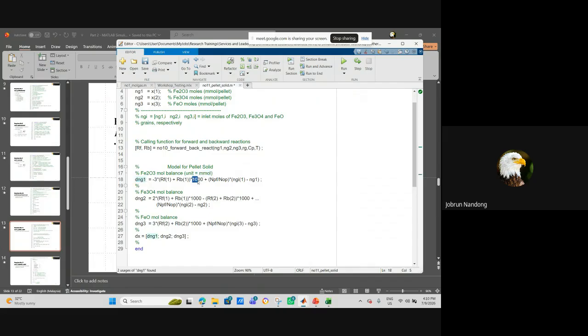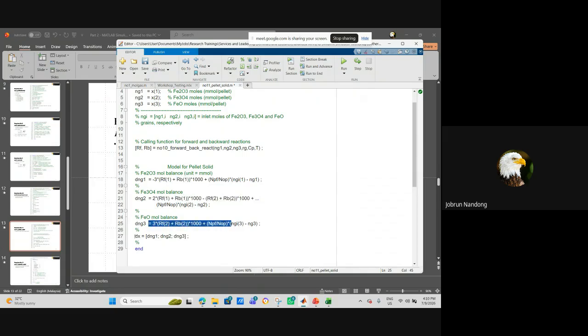For this, we scale it by 1,000 so that it becomes millimole. So it's now expressed in millimole rather than mole. So you multiply all of those rates by 1,000. This one you don't need to because it's already in millimole. But these two here are in terms of mole, so to convert that into millimole we multiply by 1,000. Same thing for this one as well.